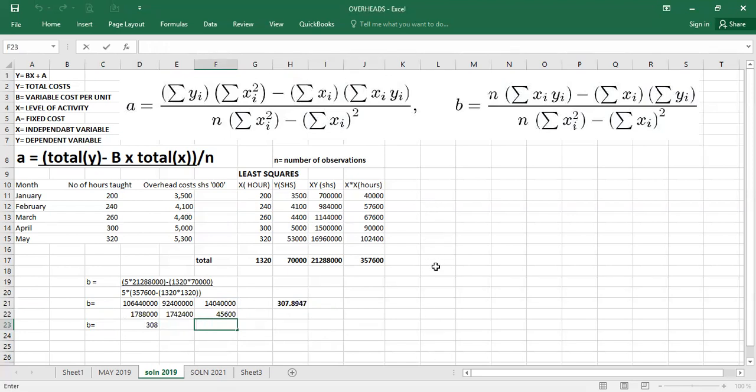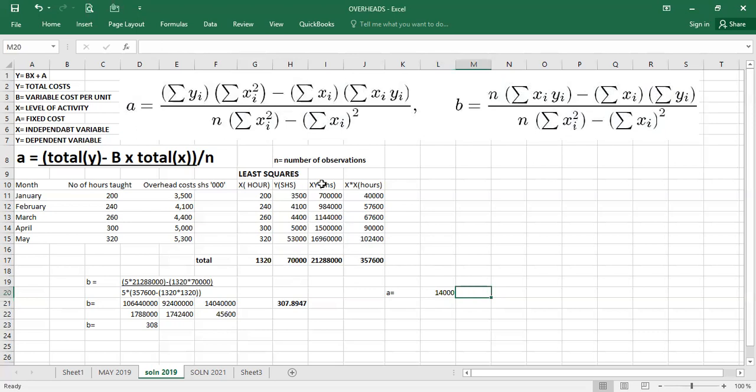Then we get our A. Now I will say it's going to be equal to this. So it will be the total of y divided by 5, which will give us that.